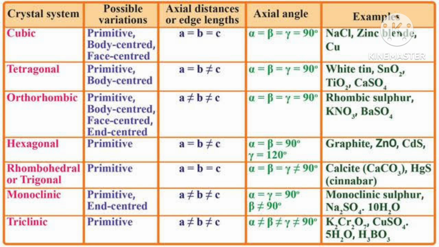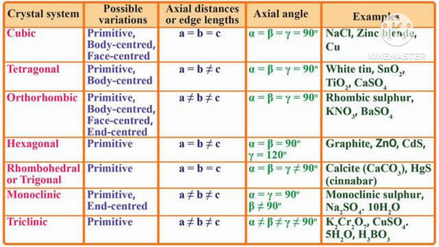But now we have to understand how many atoms are there in each unit cell. That calculation is different. Why is it different?